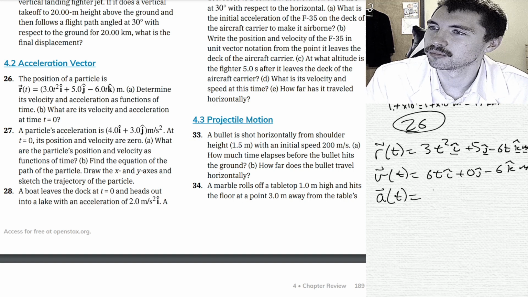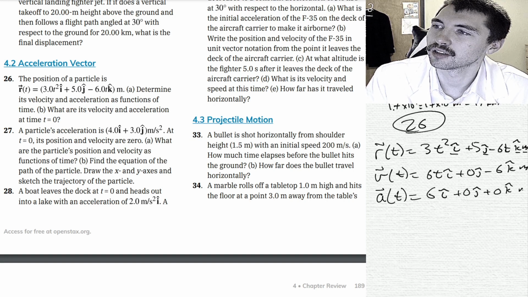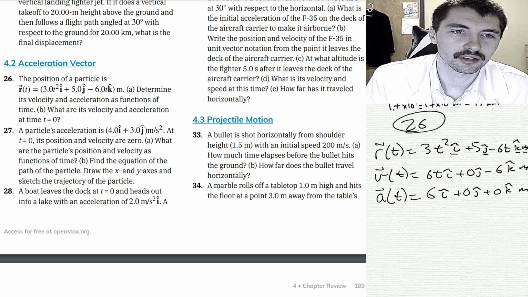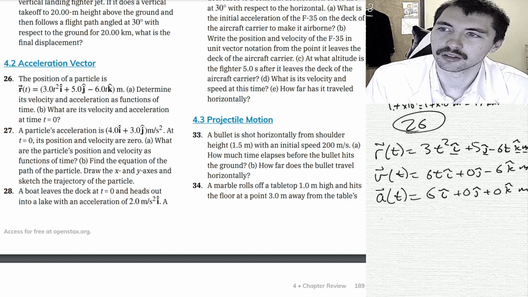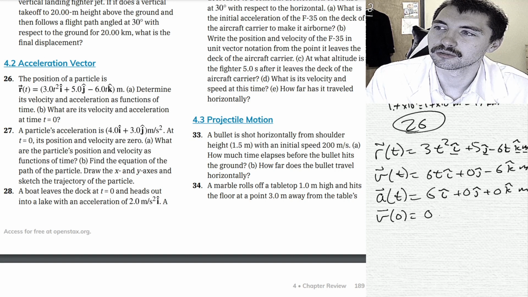No problem. 6 i plus 0 j plus 0 k. Then you want v at 0. It's going to be 0 i plus 0 j plus negative 6 k. And you want the acceleration at 0. That is 6 i.